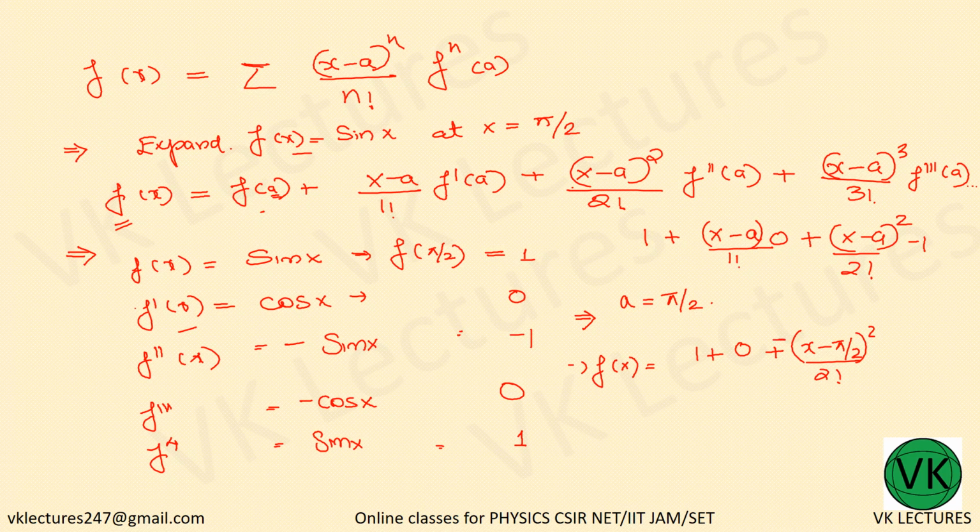Okay, plus again that will be the 0 term, so here you will have (x minus pi by 2) whole to the power 4 by 4 factorial, so it goes on.